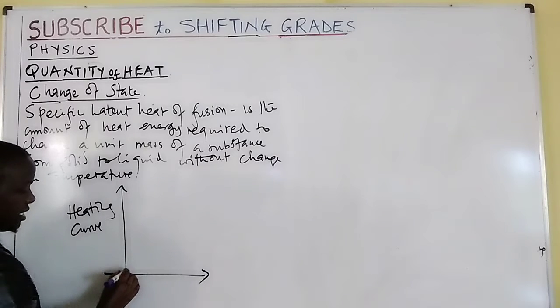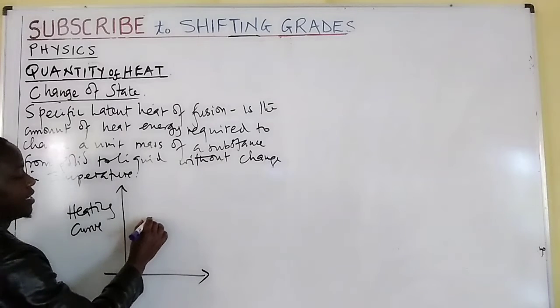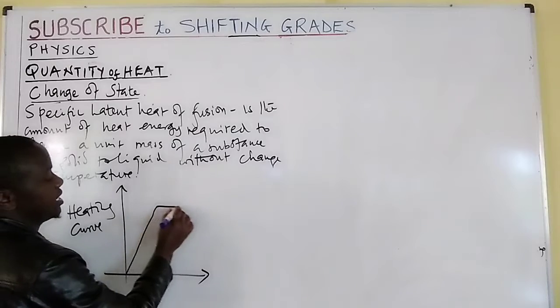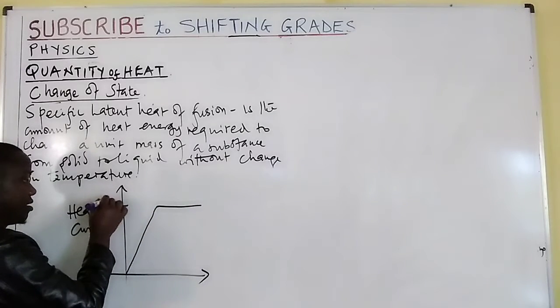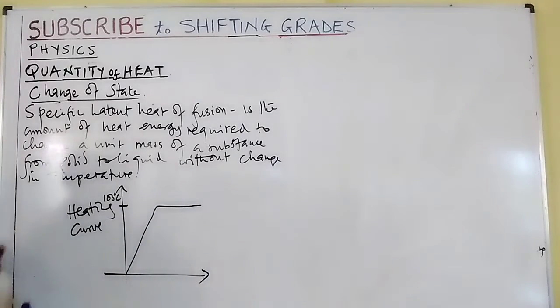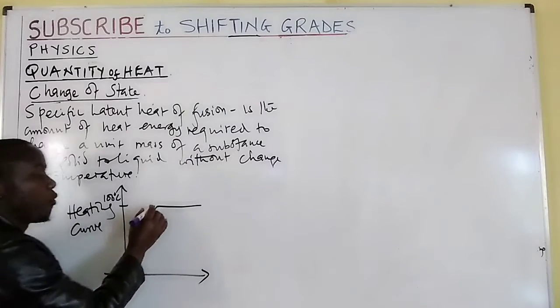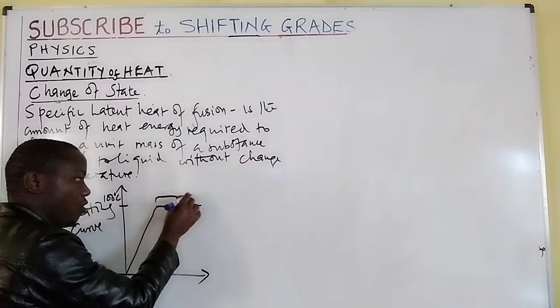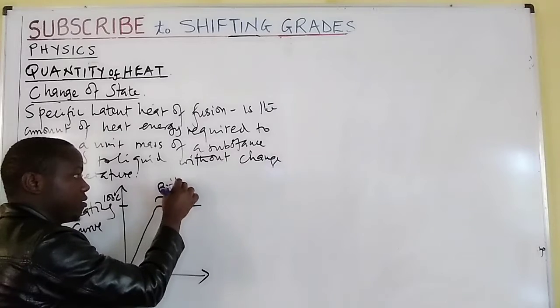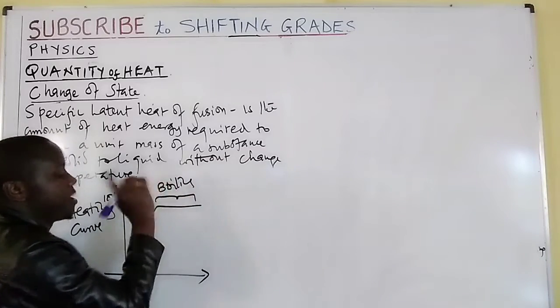When you start heating water, it increases the temperature until it's 100. And at 100 degrees Celsius, which is the boiling point of water, the water boils until all the water changes to vapor.